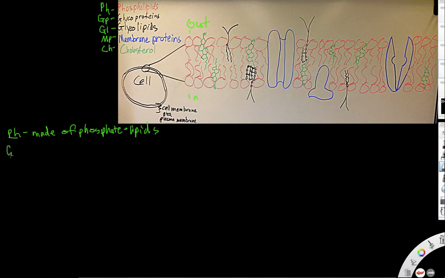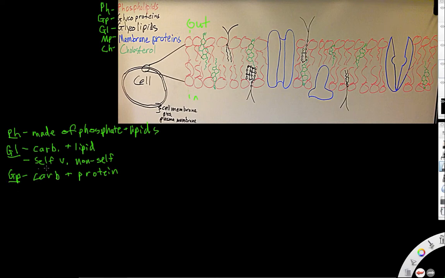We also have glycolipids. So these are made of carbohydrate attached to a lipid. And these are used by cells to recognize self versus non-self. We have glycoproteins, which are made of a carbohydrate attached to a protein.